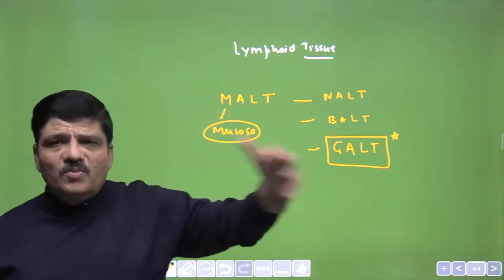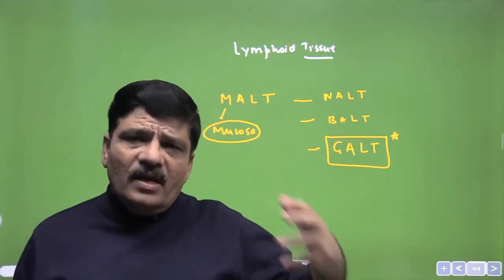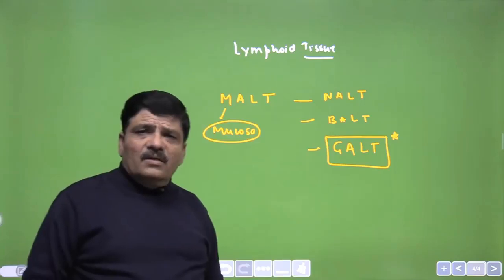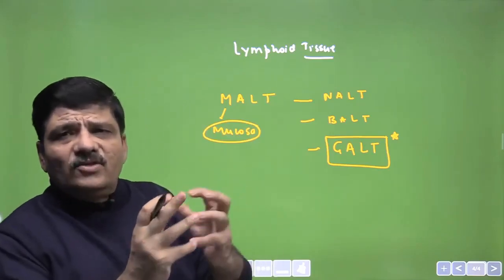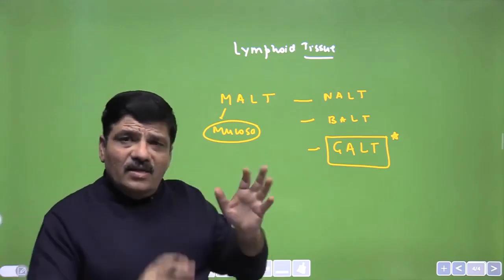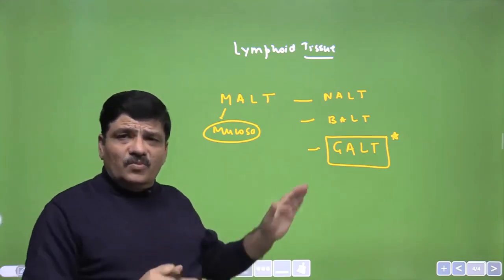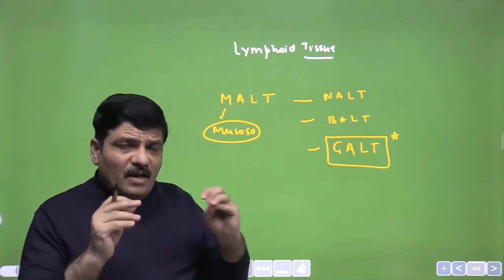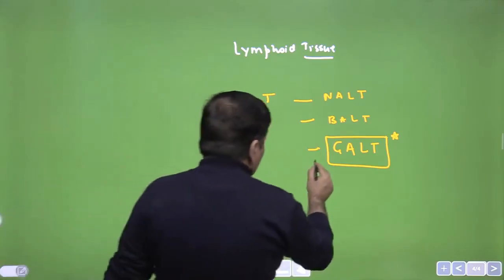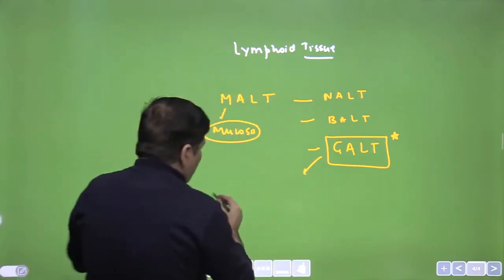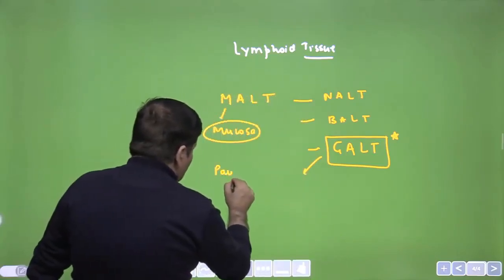There are so many mucous membranes present in the body, and everywhere you will see the lymphoid tissue present generally as aggregates in the form of islands. And when we talk about gastrointestinal associated lymphoid tissue, try to remember the Peyer's patches.